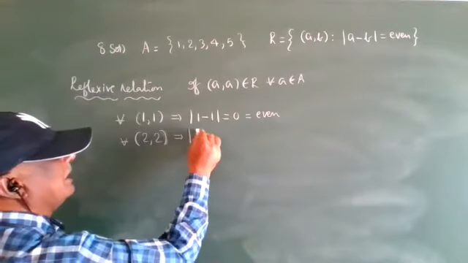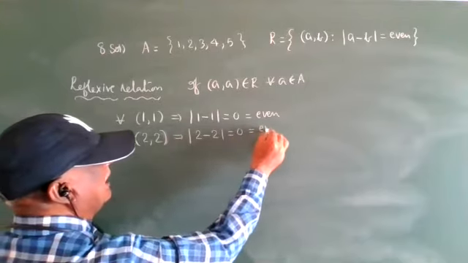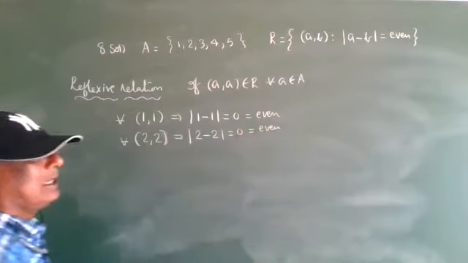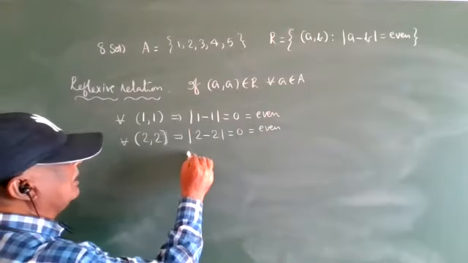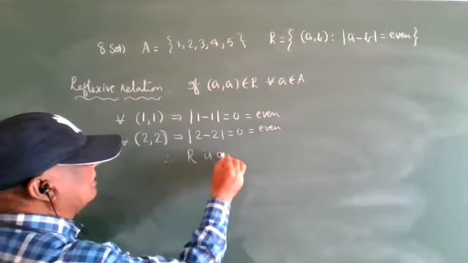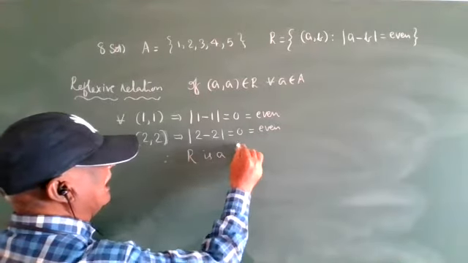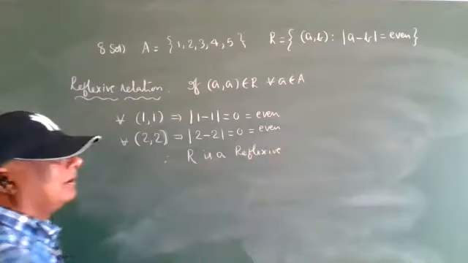By the definition, 2 minus 2 is 0, and 0 is an even number. Therefore, R is a reflexive relation. One point is completed.